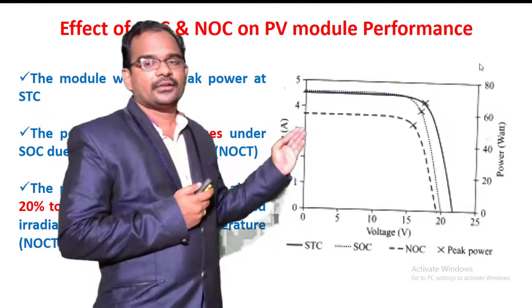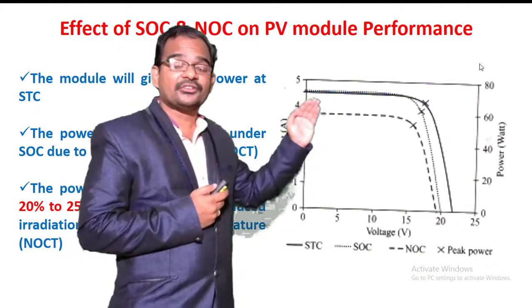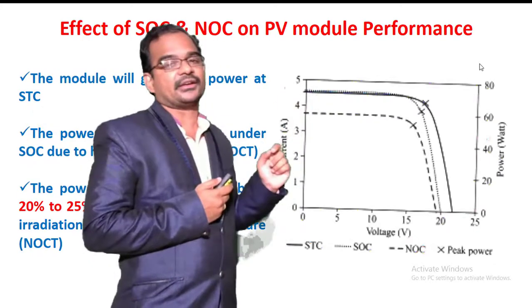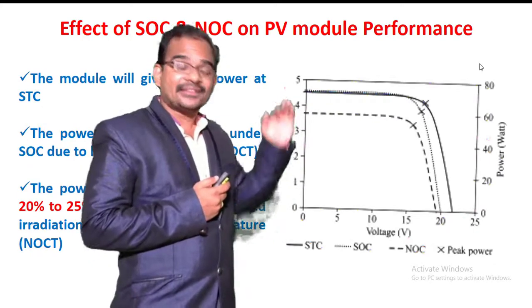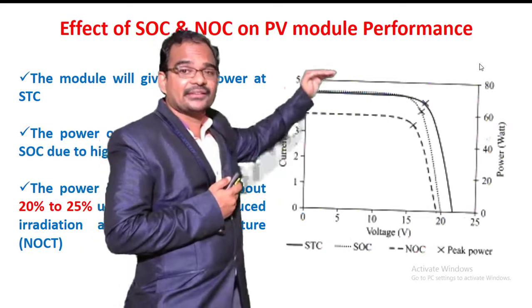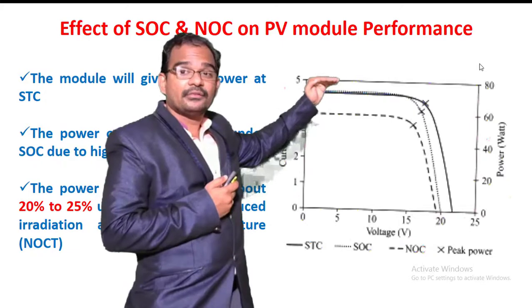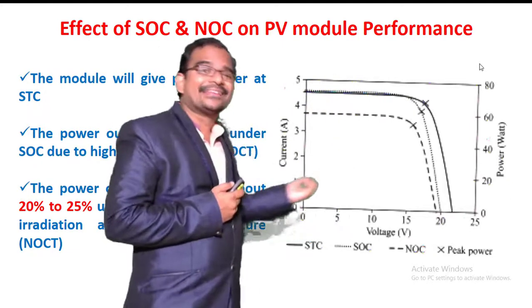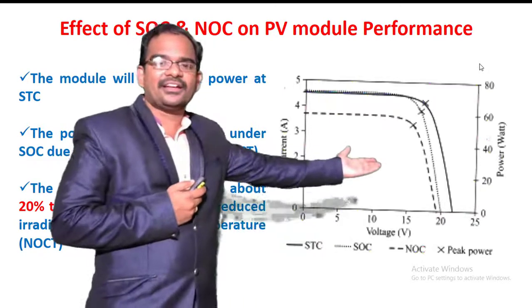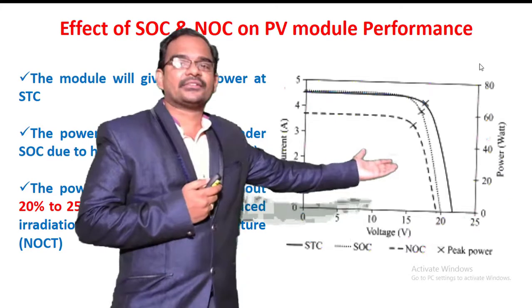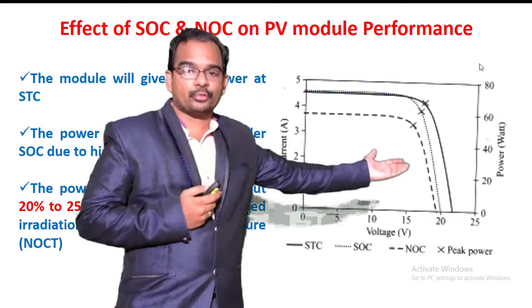At SOC, what happens? The temperature is increased from 25 degrees centigrade to 50 degrees centigrade, and thereby as the temperature increases, the current increases, that is the ISC increases, whereas the voltage decreases. You can clearly observe it in the picture over there, the second dotted line curve, which is the characteristics of the same IV module at SOC.